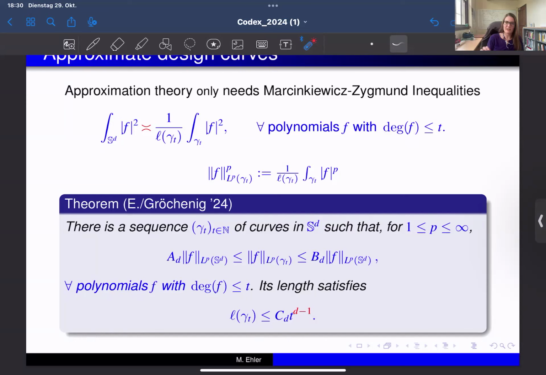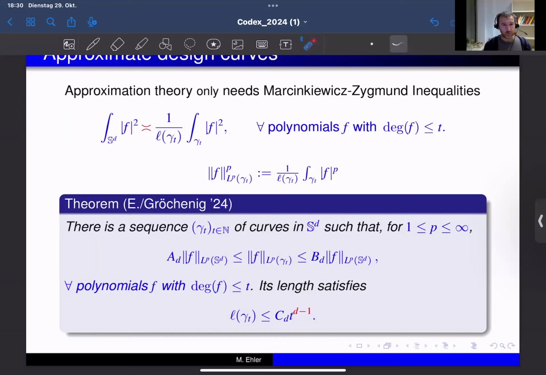For each curve, it's going to work for all p. So you have a gamma sub t. There's a sequence of curves, gamma t, indexed by t. This sequence is well chosen, and this sequence works for all p, not just for one.